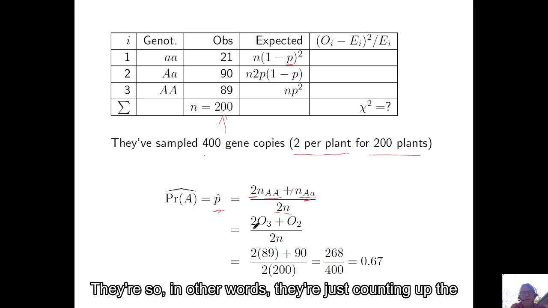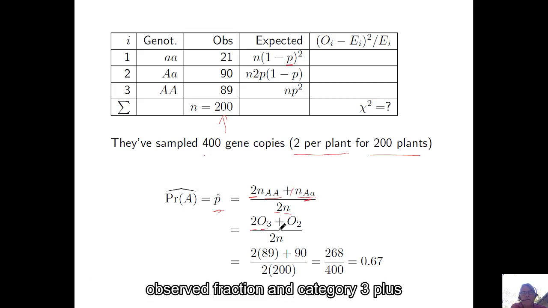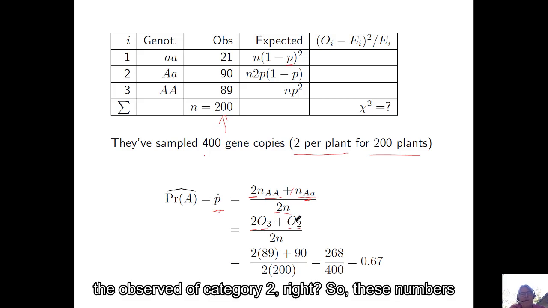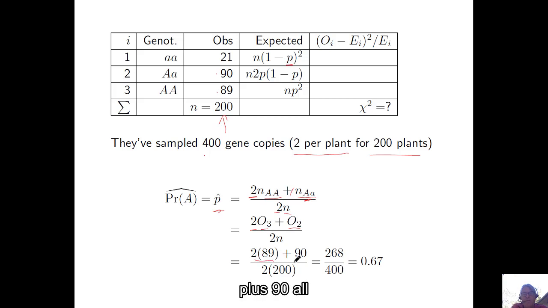So in other words, it's just counting up the observed in category 3 plus the observed in category 2, right? So these numbers up here. So 2 times 89 plus 90, all divided by 2 times 200, and we get a frequency of 0.67. So 67% of the alleles that show up in our sample of 400 gene copies are the big A type, right?